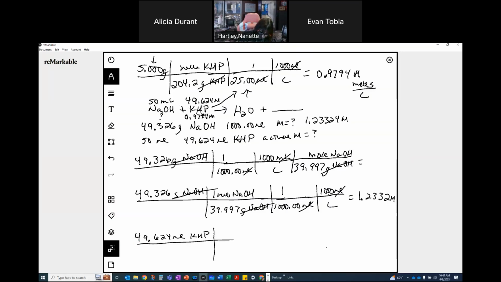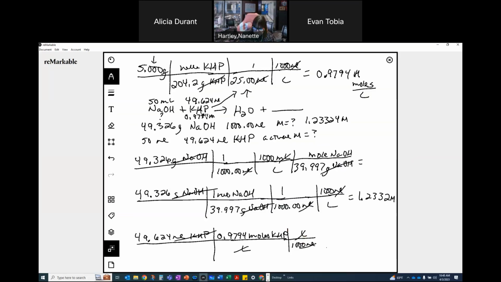I multiply that times the 0.9794 moles of KHP per liter. Of course, that's not going to work because I need to convert my milliliters to liters. So I know there are 1,000 milliliters in a liter. That'll cancel the milliliters, that'll cancel the liters, and leave me with moles of KHP.